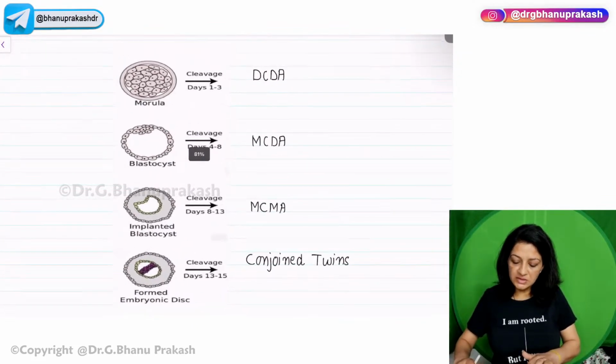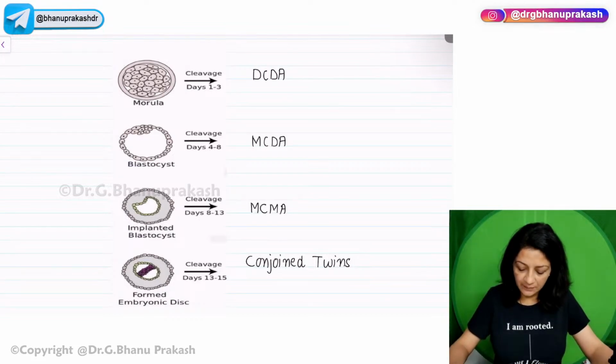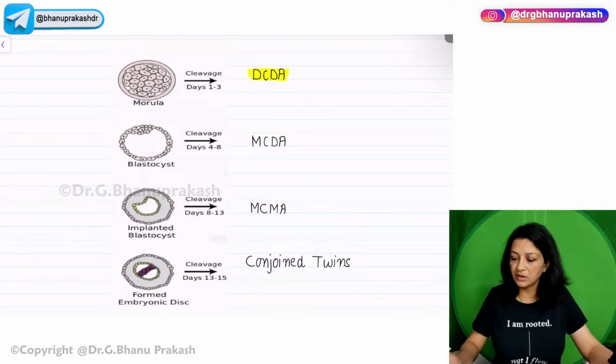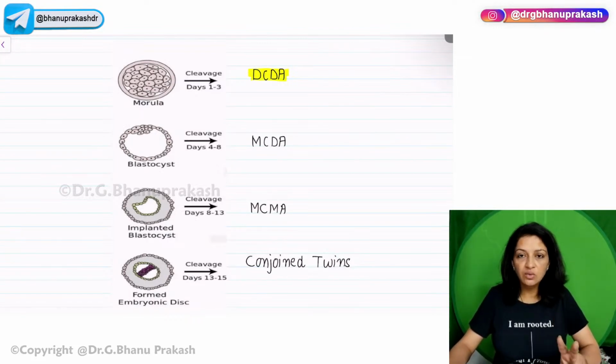Types of monozygotic twins. If the splitting of the zygote occurs on day 1 to 3, this is called dichorionic diamniotic. Diamniotic means 2 amniotic sacs, and chorionic means placenta, so 2 placentas and 2 amniotic sacs.